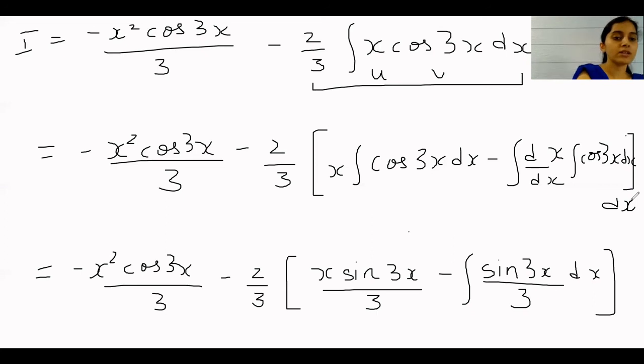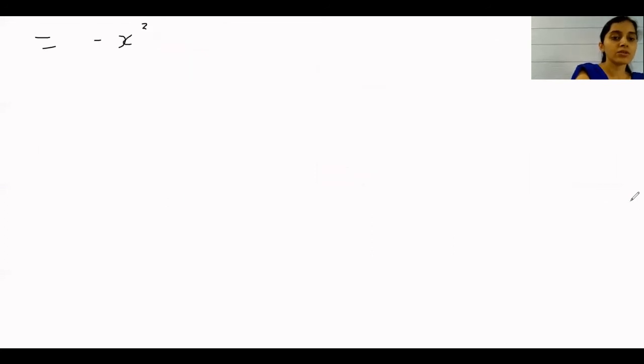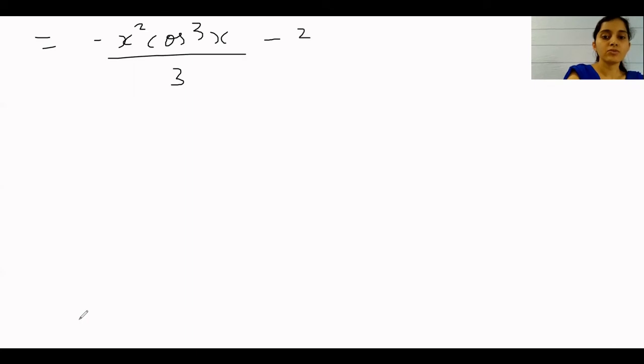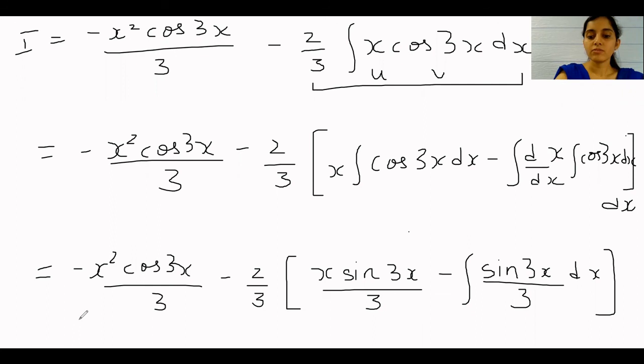So I am going to get minus x square cos 3x upon 3. Now we'll put the 2 upon 3 inside, so I'm going to get minus 2 upon 9 sin 3x. Also, minus 2 upon 3 multiplied by minus is plus 2 upon 9.